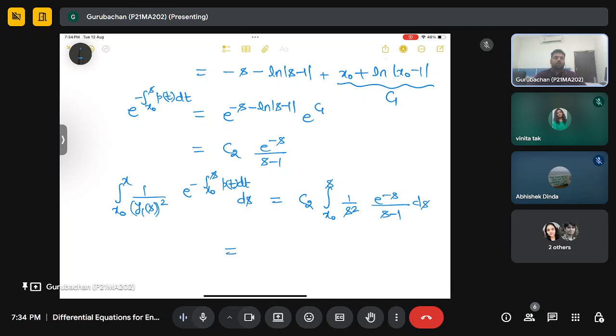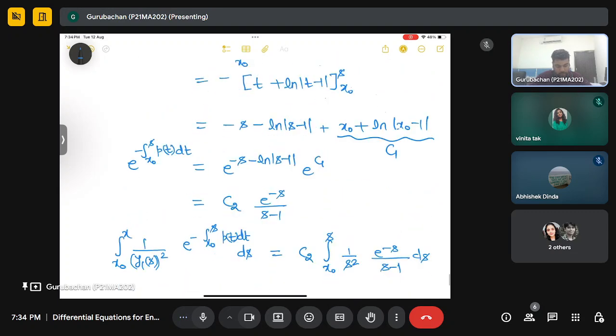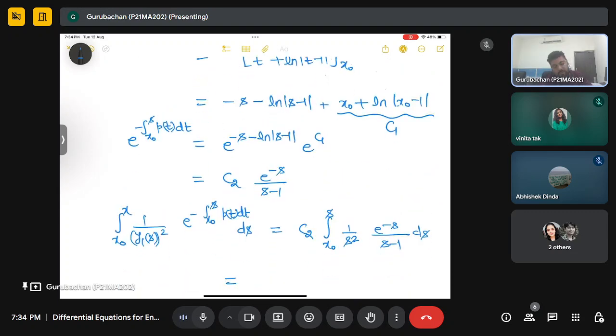So how can we solve this one? Any idea? No, sir. If you observe here, we made some calculation error. If you are able to find out that, then you will be able to integrate this one. And that error has been done intentionally.